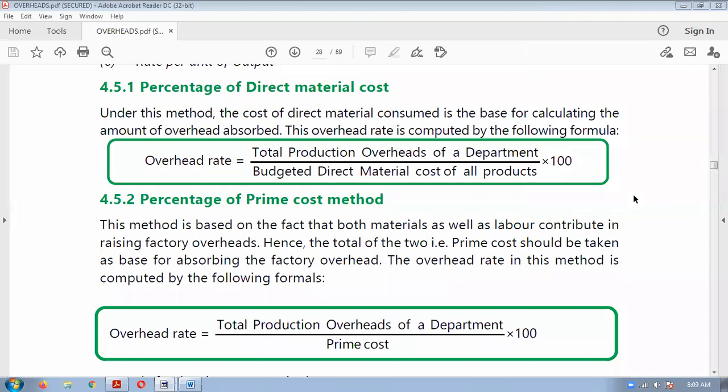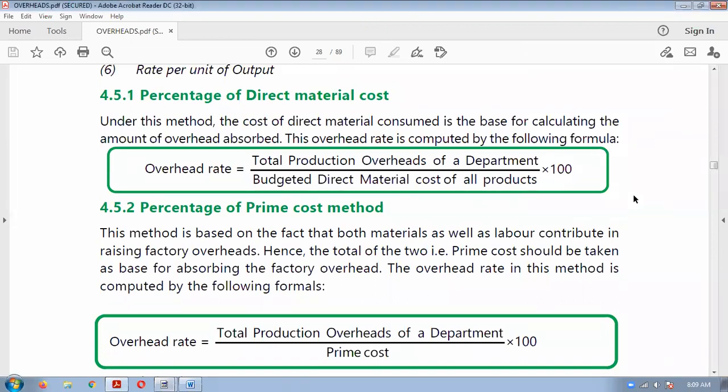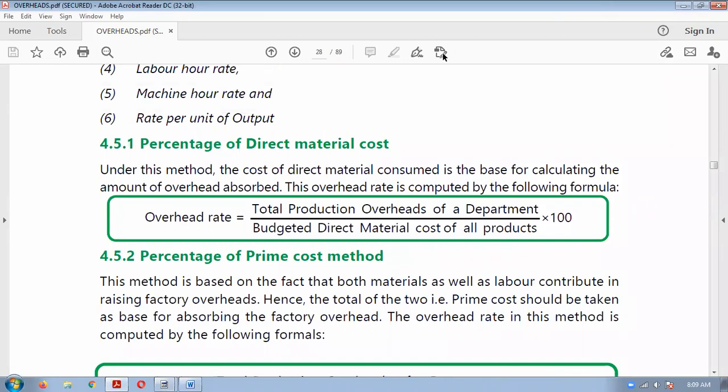The first method for absorbing overhead is percentage of direct material cost. This is the first method for absorbing overheads. So under this method, how will we calculate the overhead rate? Write the formula: total production overhead divided by budgeted direct material cost into 100.